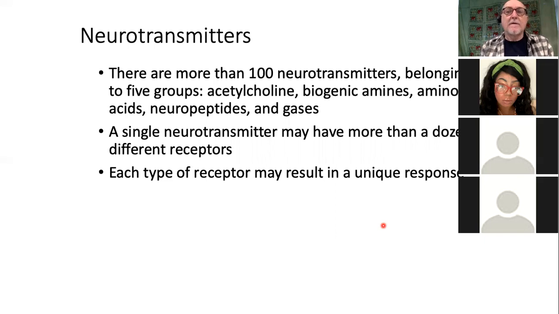And not only are there lots of different kinds of neurotransmitter, but there are many kinds of receptors for those neurotransmitters. Depending on what receptor the neurotransmitter impacts on, you might get a completely different outcome. And so there's a huge amount of diversity in the action of neurotransmitters and of their receptors, depending on what cells are interacting with one another.